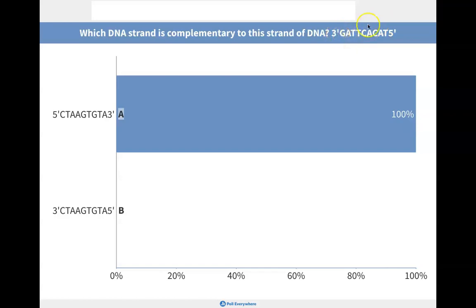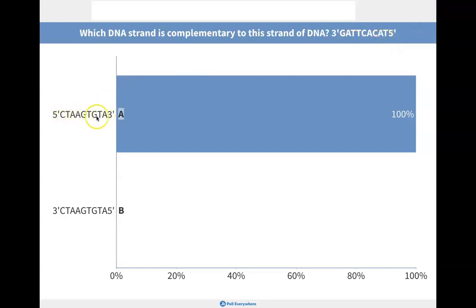I'll talk about the primes in a bit, but G will be hydrogen bonded with C in DNA, A with T, T with A, G, T, G, T, A. And it looks like I'm giving you those options here.